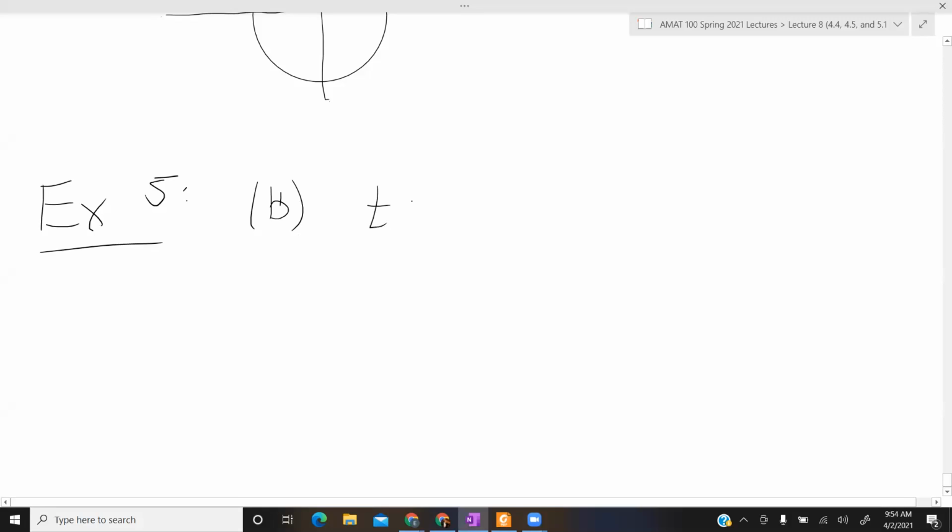So in part B, we're given the number 7 pi over 4, and we want to determine t bar.